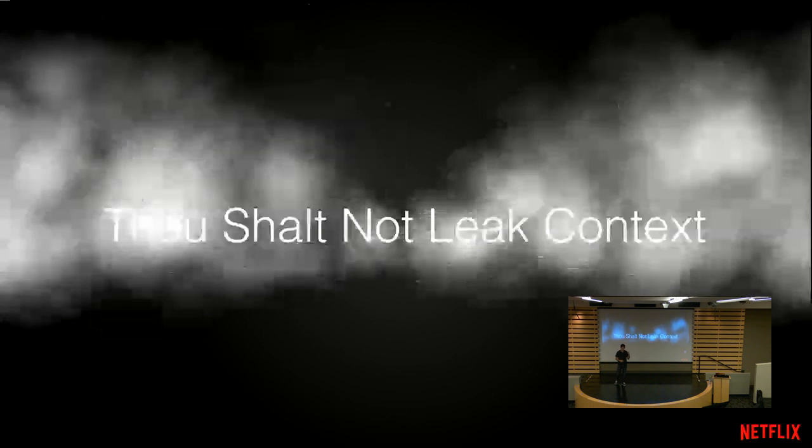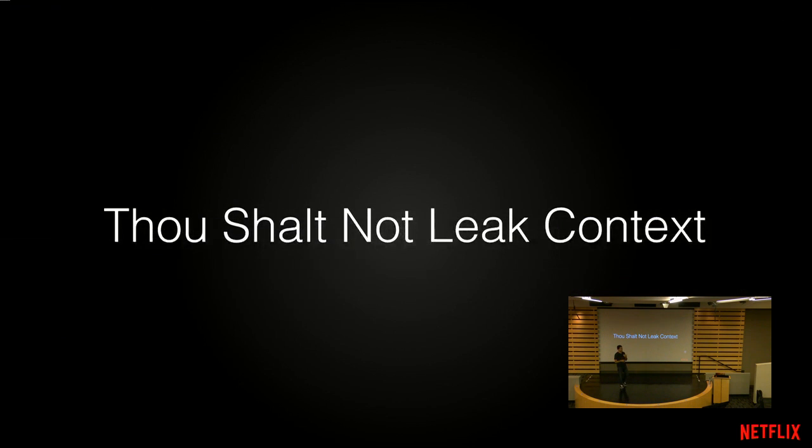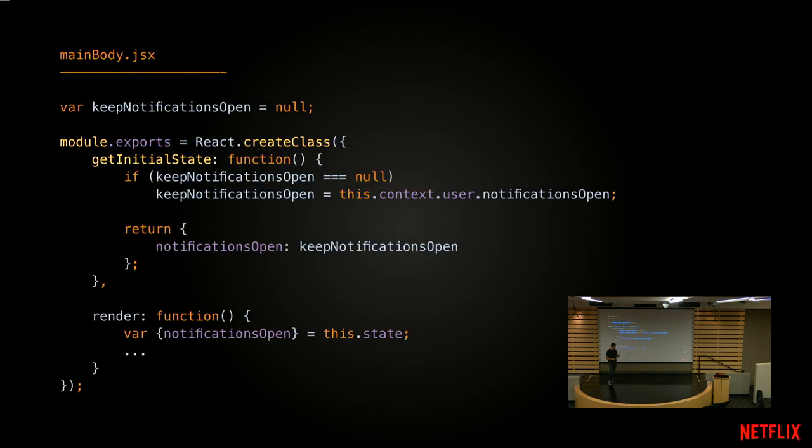And one of those is leaking context. It's very easy in client-side code to say, I'll just set up a global variable, I'll just start using this around, and in a server-side context, it's very, very bad. And I want to bring up a solid example of some code that was written to showcase what can potentially happen here. So, consider this a main body. This is just a component that was loading the main view of a page.